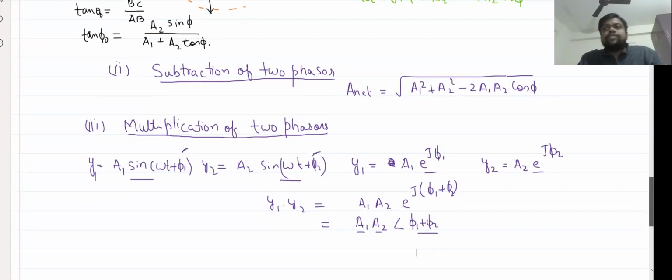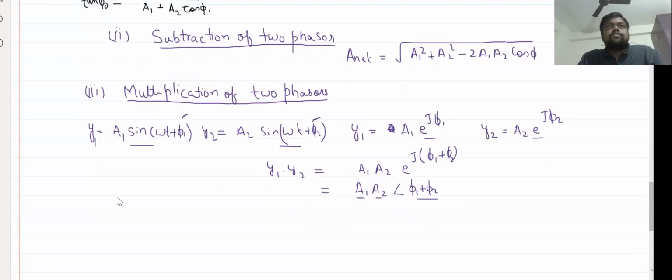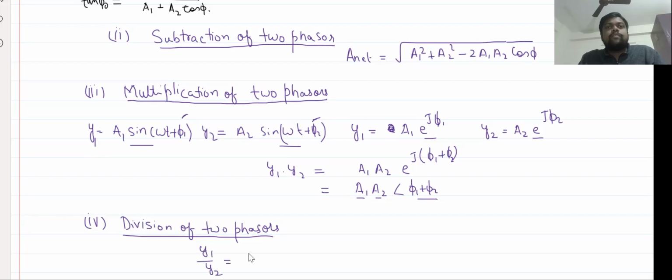Now next, when you divide these two phasors, division of two phasors, how are we going to divide? In the same way, instead of y1 into y2, we will be doing y1 by y2.